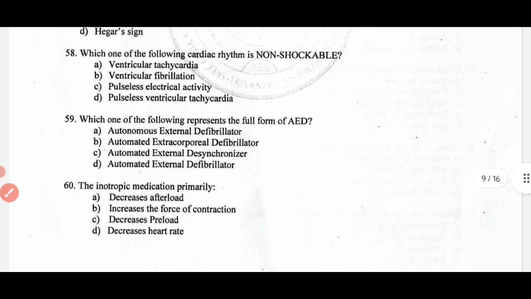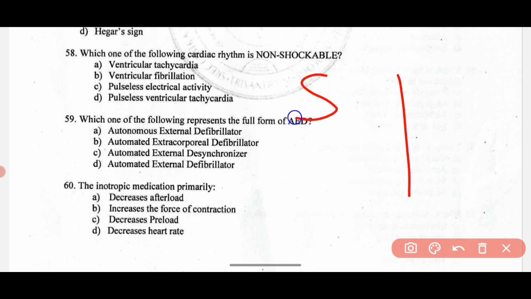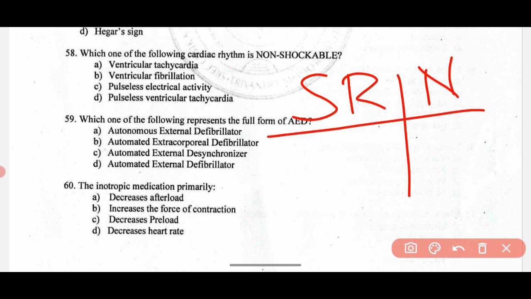Question number 58, which of the following cardiac rhythms is non-shockable? Already we have discussed many times about shockable and non-shockable rhythms. Only two are shockable rhythms. Shockable rhythm means immediately you have to think about pulseless ventricular tachycardia and ventricular fibrillation.